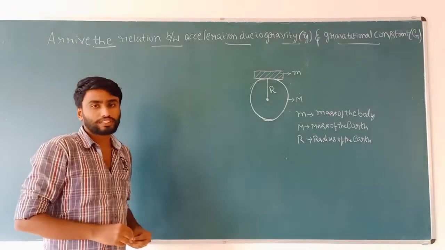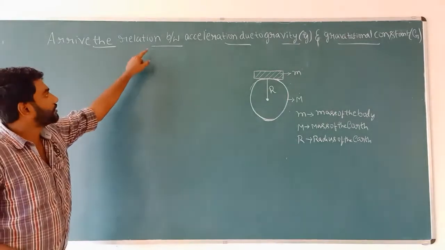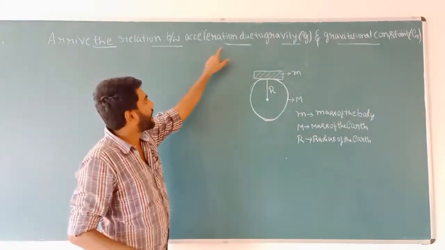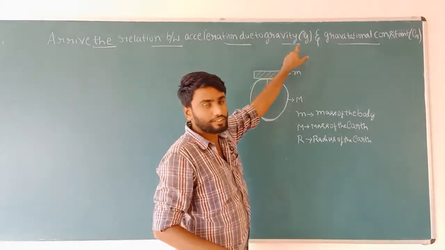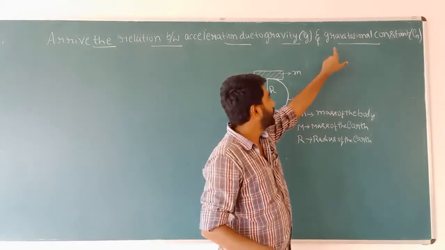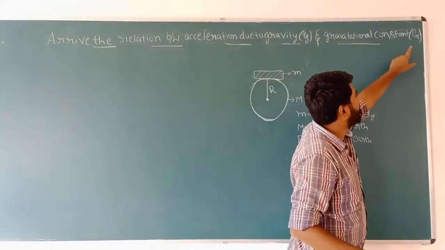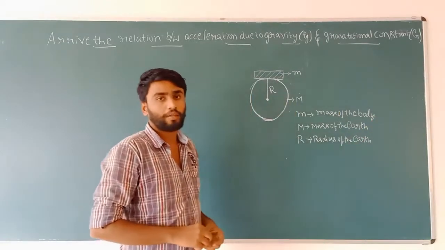Now I am going to discuss how to derive the relation between acceleration due to gravity small g and gravitational constant capital G. Okay.